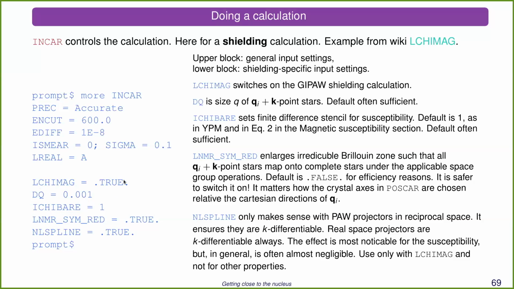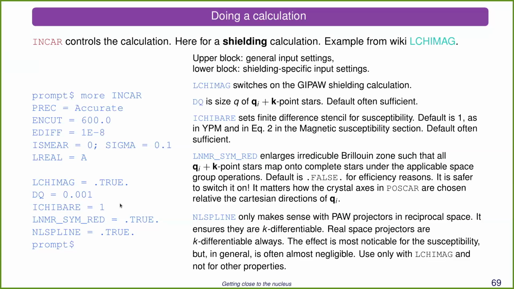If you have LGMAC equal true, you switch on GPOL shielding. So you don't say LGPOL equal true, you say LGMAC equal true. Then there is DQ. This is the size of the Q-point stars that we talked about yesterday. There is a default, and very often the default is okay. You don't have to touch it in most cases.